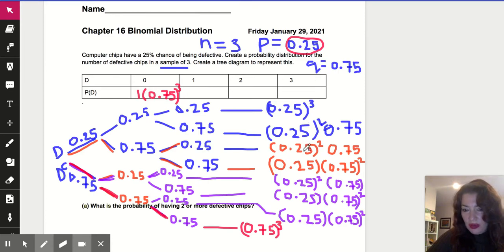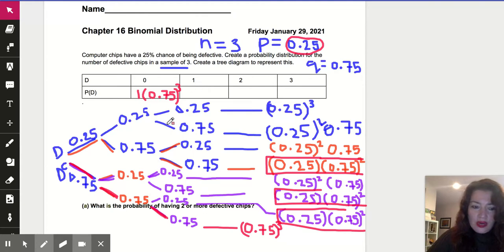So if we look at our final outcomes here, here is 1 defective and 2 non-defective. And if you look down, there is one more right here, and then a third one below. So it happened in three ways, from all these combinations. There's 3 ways where you can get 1 defective chip.